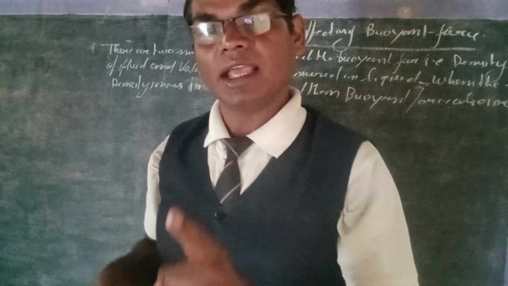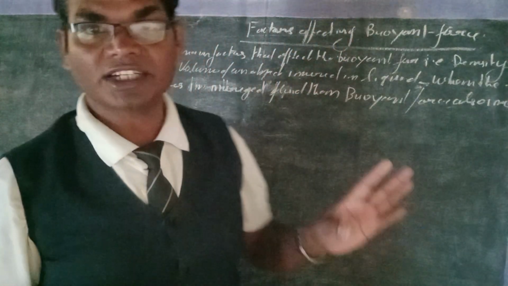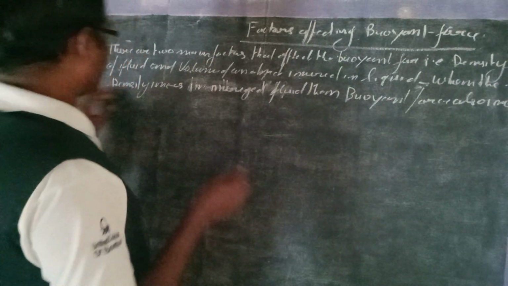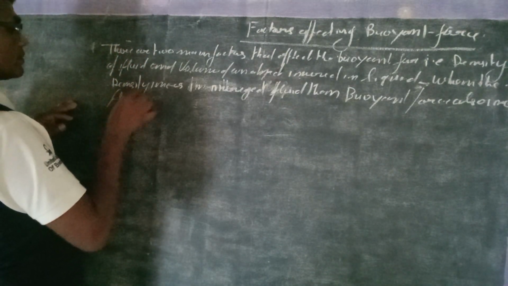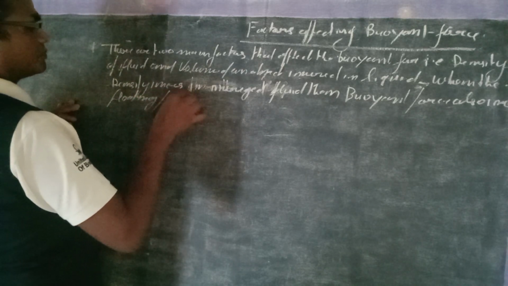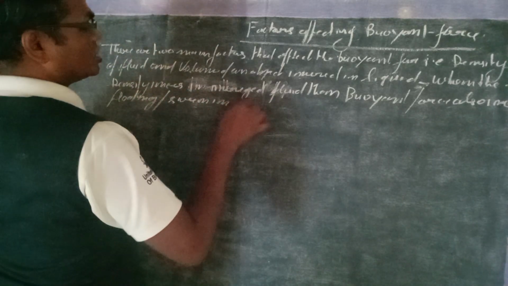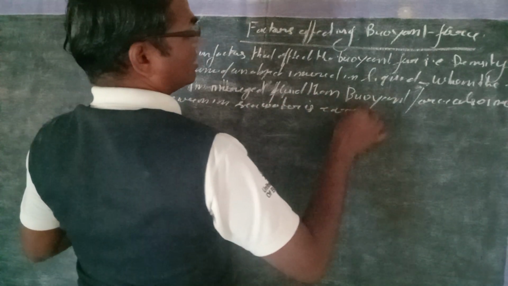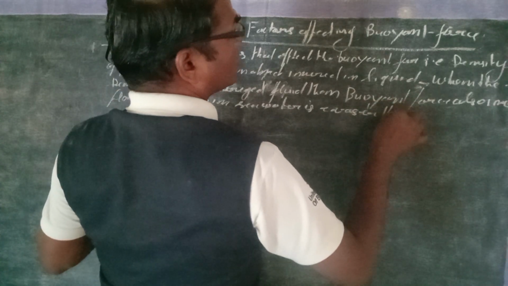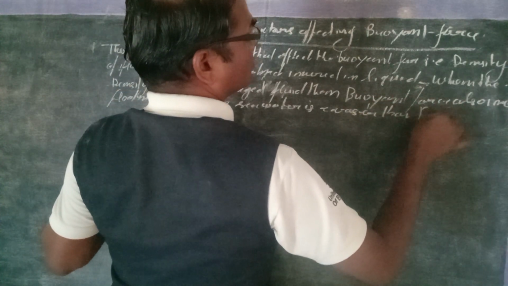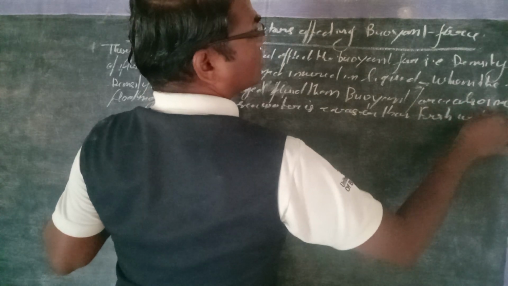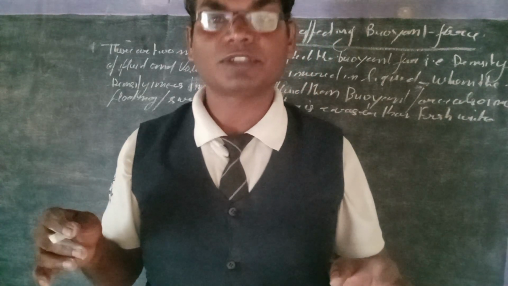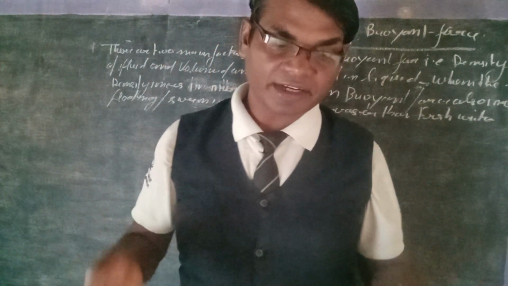That is why swimming or floating in seawater is easier than in fresh water, because the density of seawater, due to the presence of sodium chloride, common salt, is more than fresh water.